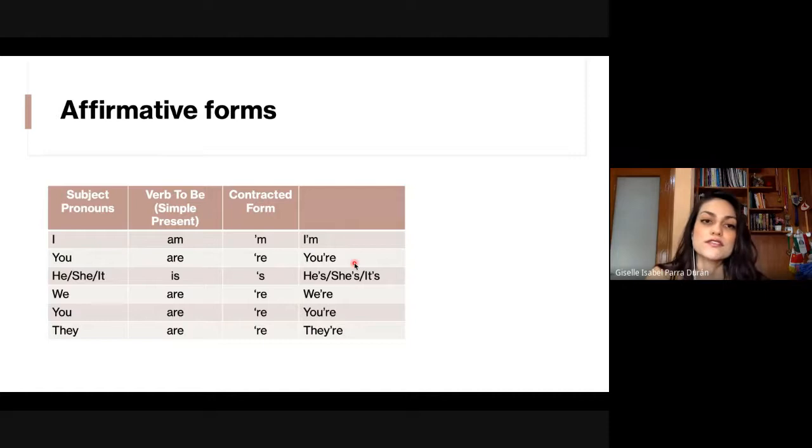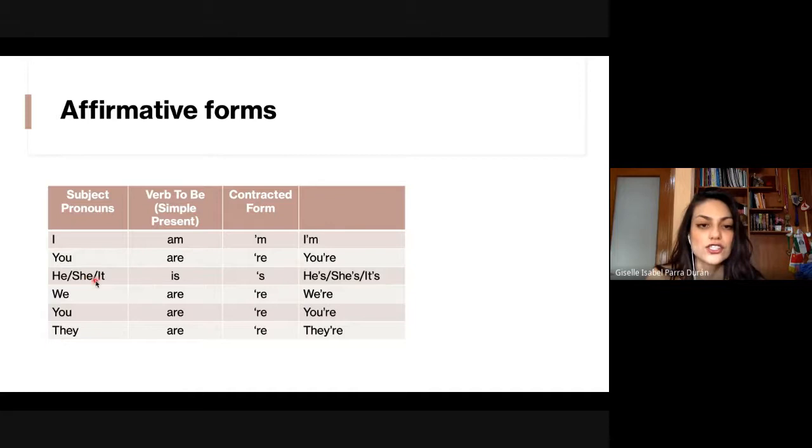For our affirmative forms, we have that the verb to be in the simple present for I is am, and we can also use it in the contracted form, that is I'm. For the subject you, the verb to be is are, the contracted form is you're.